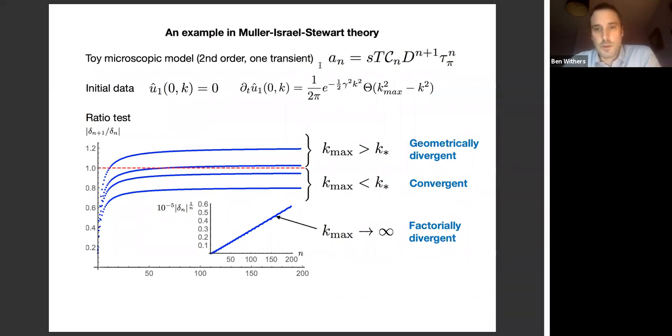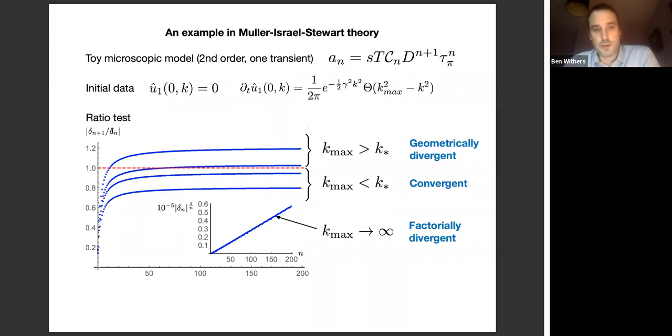And when you insert this and pick some initial data, here we pick a Gaussian with a cutoff, so it's like a bandwidth limited Gaussian. Above K max, this is 0. Then you find precisely the results that I outlined earlier.